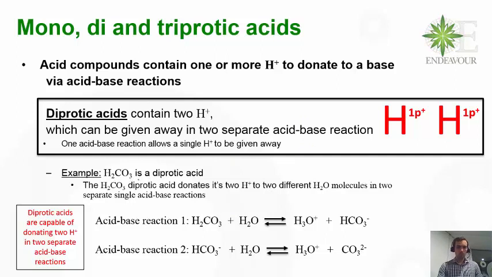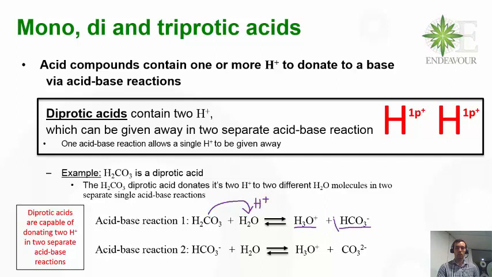In the first acid-base reaction that the diprotic acid will be involved in, we'll have H2CO3 donating one H+ to water, and you can see that it has now produced products that have either one more or one less H+.